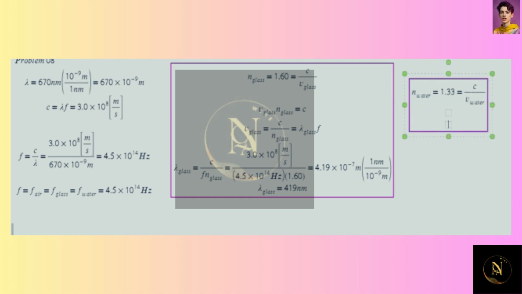We repeat the procedure. We're going to solve for the velocity of light in water. So this is going to be the same algebra as the one for the glass. We're going to multiply both sides here and then divide by n water. So it's going to be c over n water.